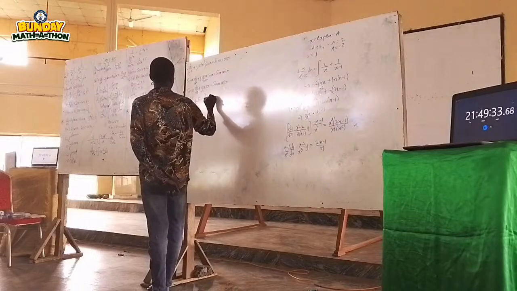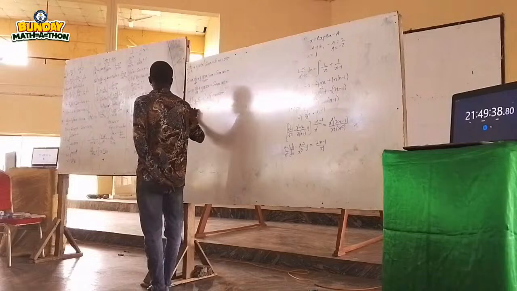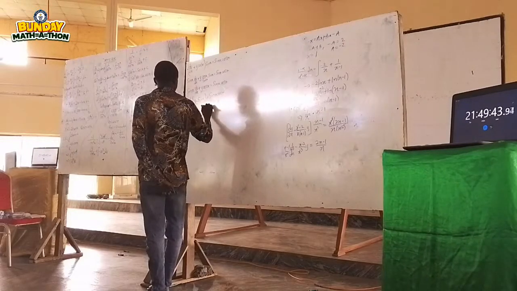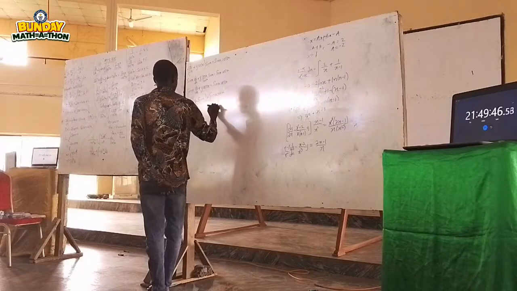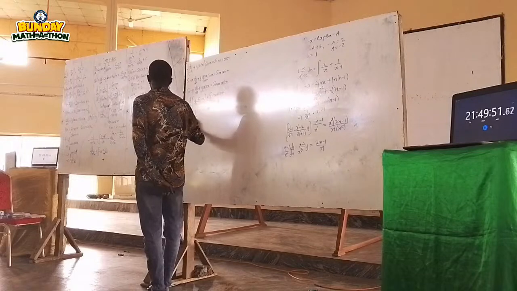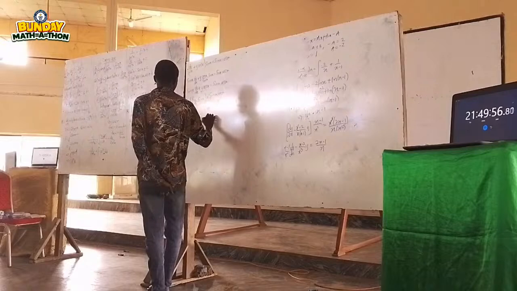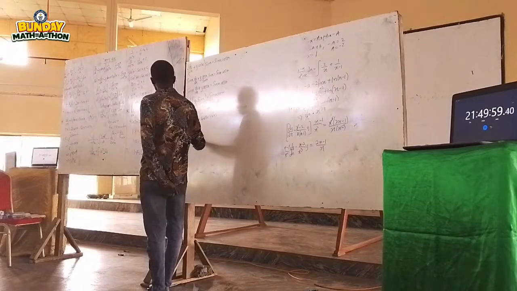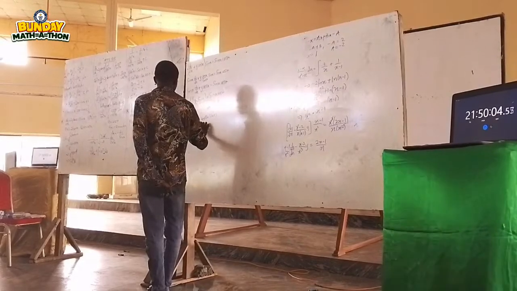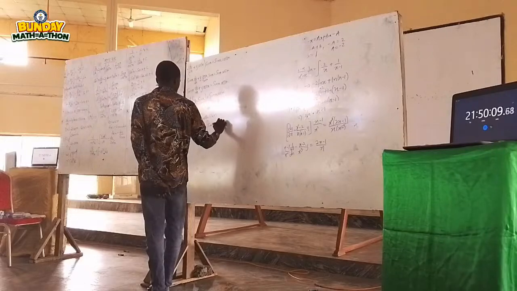And on the right I have sin x cos x. So d of y sin x equals sin x cos x dx. From here, I integrate both sides. So the integral of d of y sin x equals the integral of sin x cos x dx.